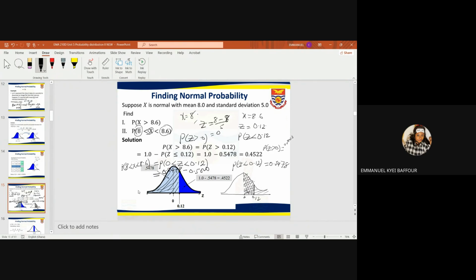So this will give us 0.0478 as the answer. So you have to sketch it, and that will guide you to know the exact area that you are interested in.